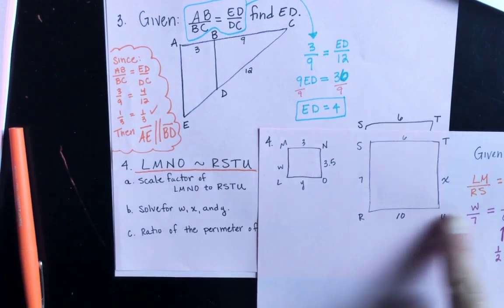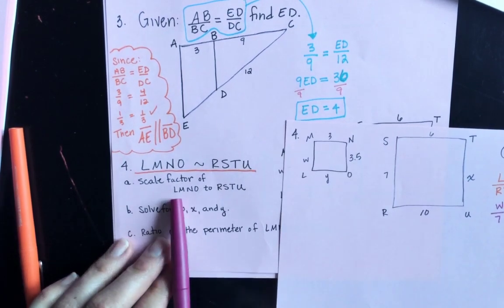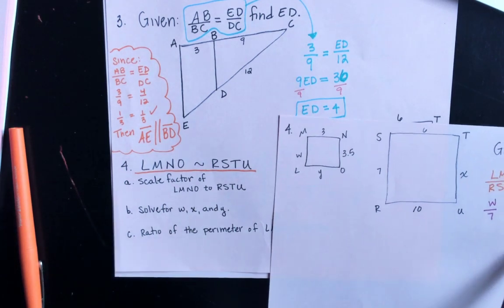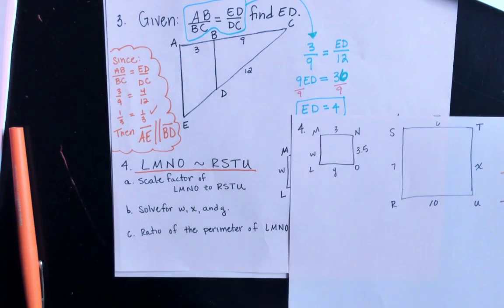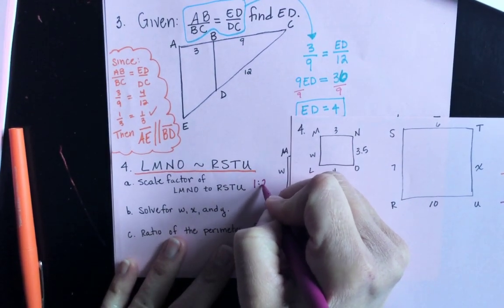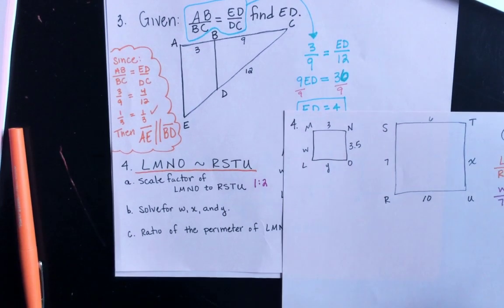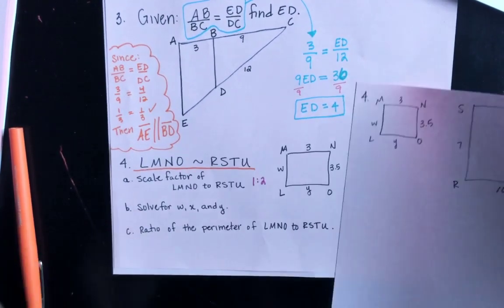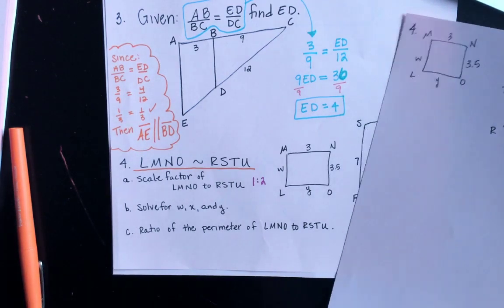When I look back to here, the scale factor of LMNO to RSTU tells me it's 1 to 2. So we're going to say 1 to 2. You could say 1 to 2, you could say 1/2, you could say 1, the word to, and 2.